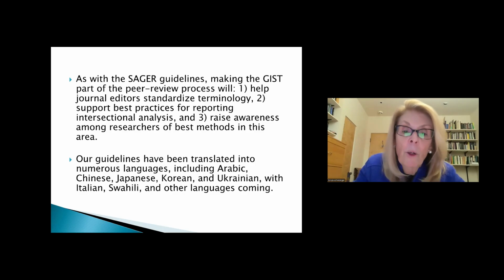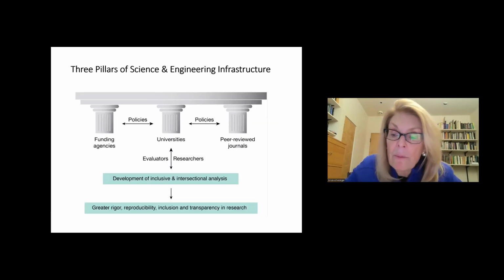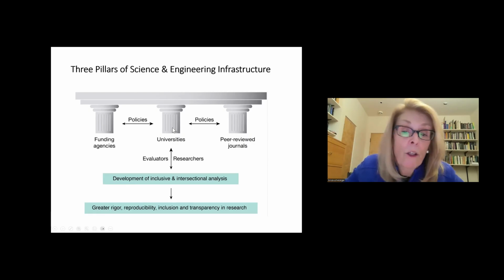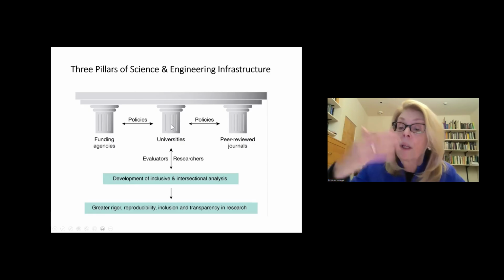So these guidelines are important to the infrastructure of science. They're now available for peer-reviewed journals. And we think that funding agencies, we haven't started a campaign yet, but I expect funding agencies to pick them up. And those of you who are university professors, you need to be teaching these intersectional aspects in your courses.